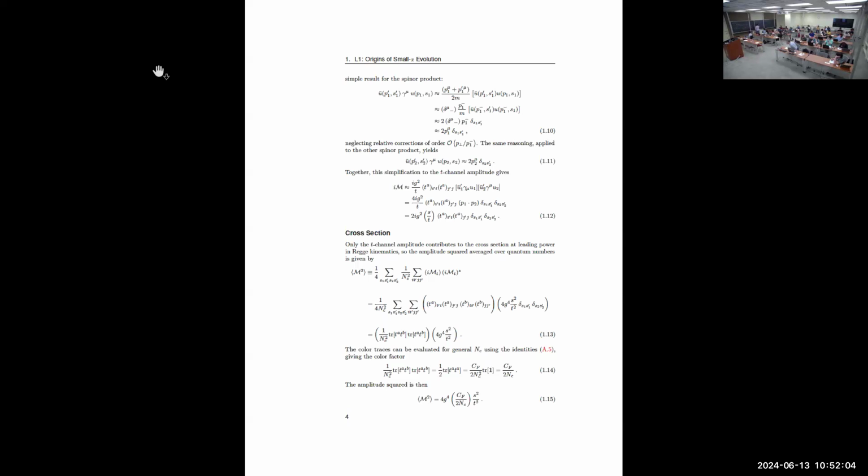And if I substitute it into this expression, what I get is p plus times q minus plus p minus times q plus minus p perp dot q.